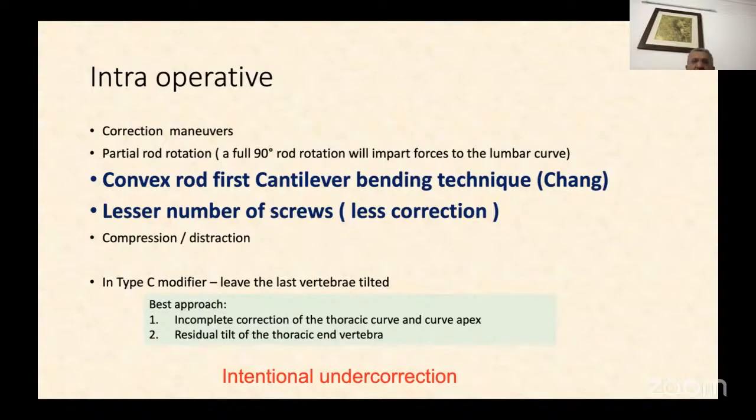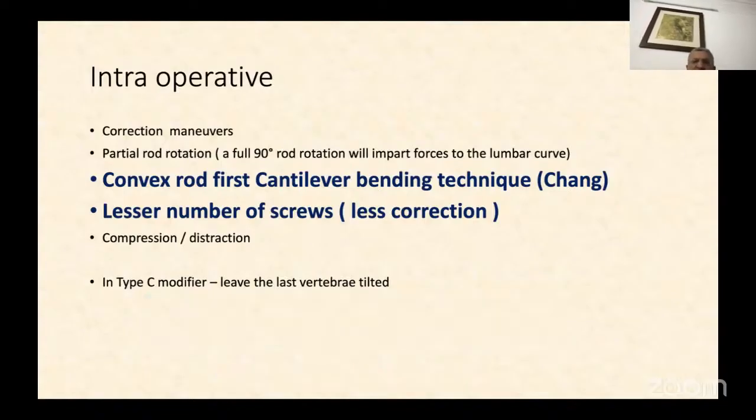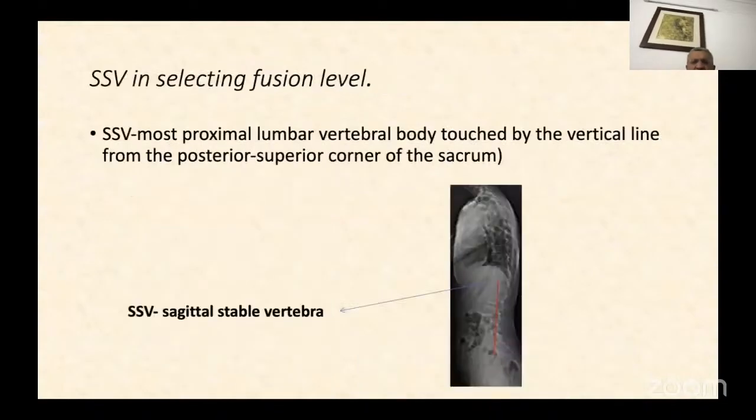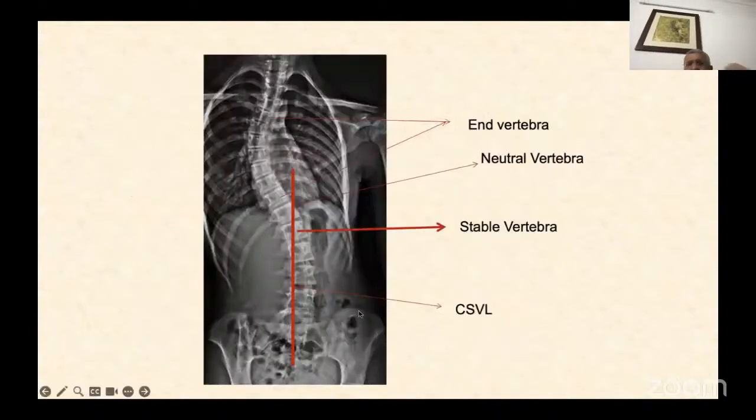It's basically because I would prefer to come to the stable vertebra. As I showed in this figure earlier, when you are coming into the L1, which is the stable vertebra here, that means you are already into the lumbar curve. If your correction ends from end vertebra to end vertebra, you can go for maximum correction because it allows the compensation to happen along the whole of the curve.